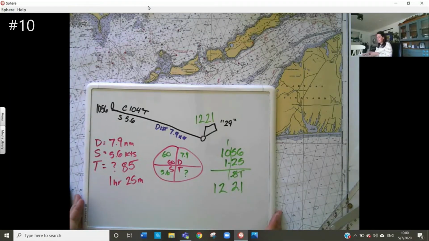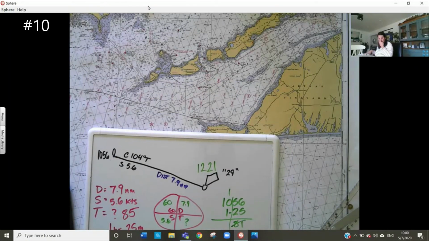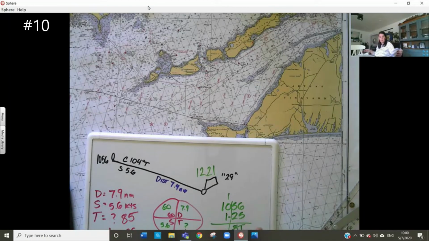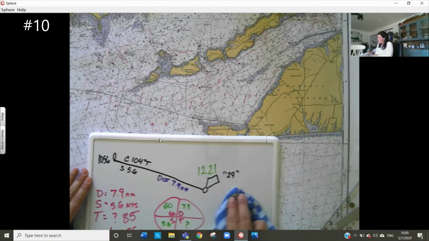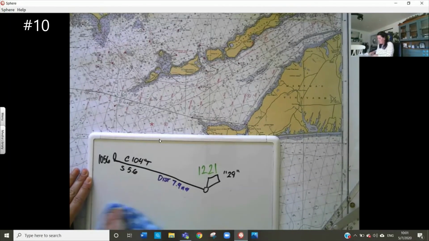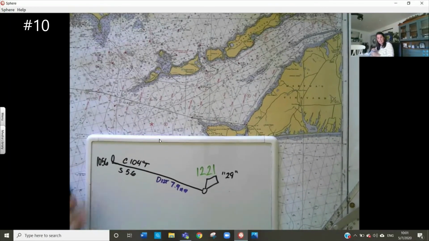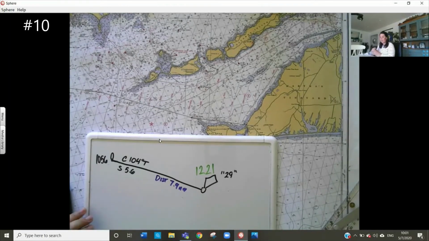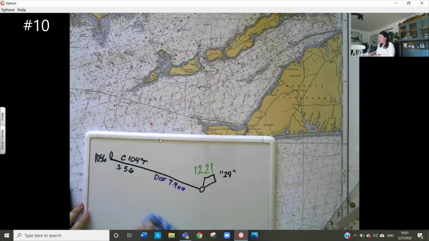And then it asks us, what is the deepest part that we are going to pass? So this is an exercise of when we draw a course line or a track line, we need to check that track line for any hazards or things of question.